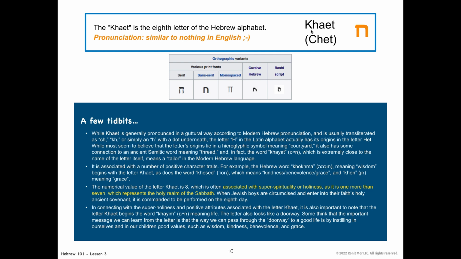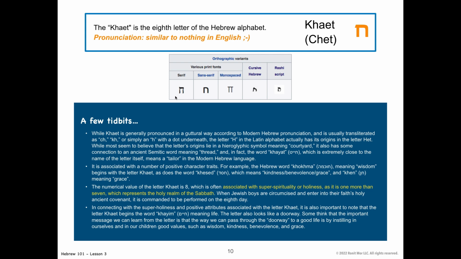I know this is going to be the most difficult letter for you as English speakers, but we will try to do our best. So it's coming from your throat, okay? So the chet is the 8th letter of the Hebrew alphabet, similar to nothing in English.